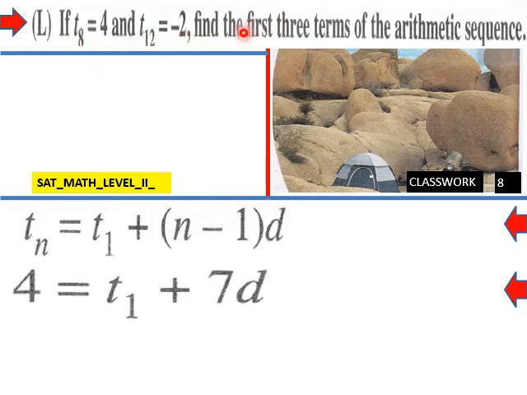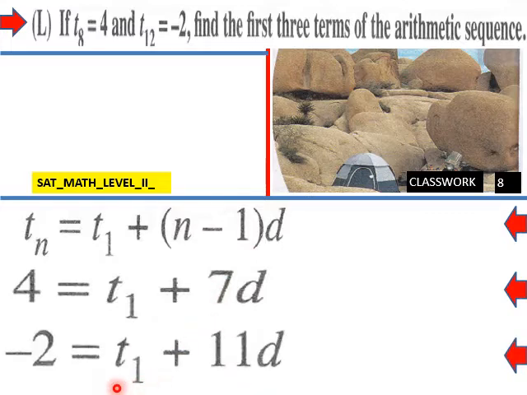So we jump from 8 to 12 here. n minus 1, 8 minus 1, would be 7d. So we need to find our d in this case.